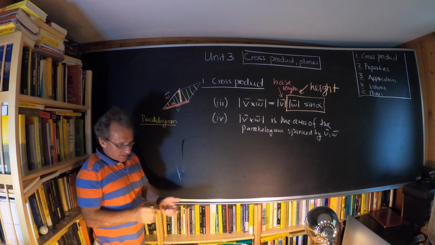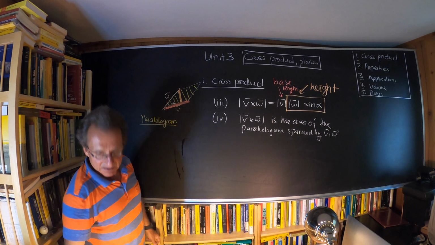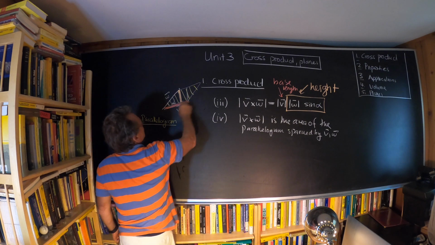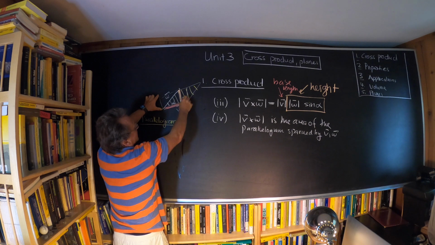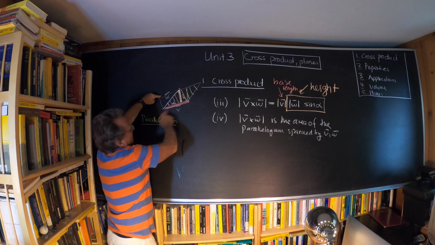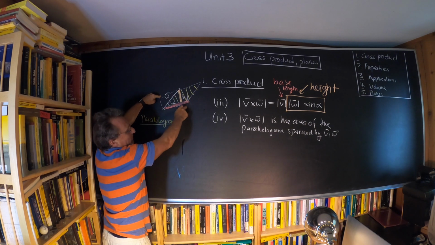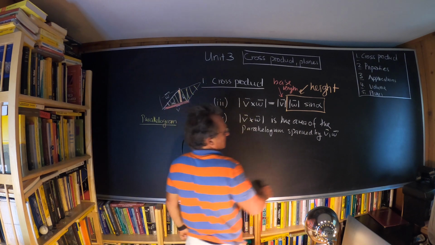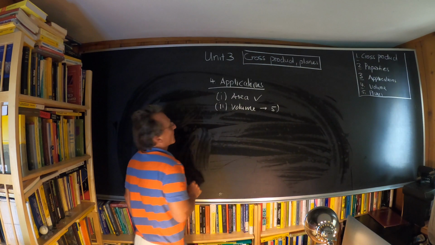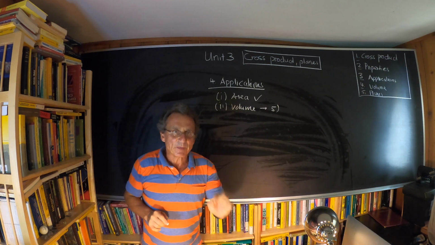So it's base times height, and already the Greeks knew this, right? You take this part and cut it here, so you get the rectangle of height h and base length of V, and so that's the area. So there are already geometric applications.